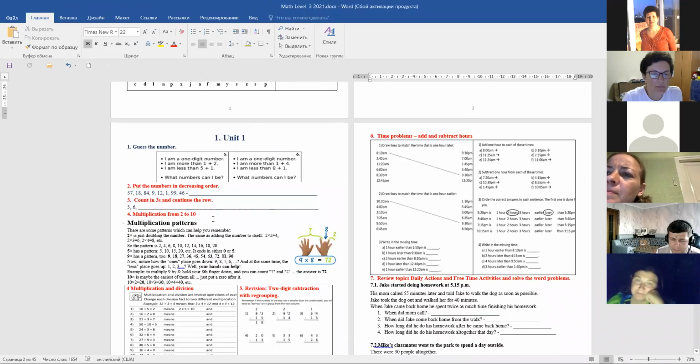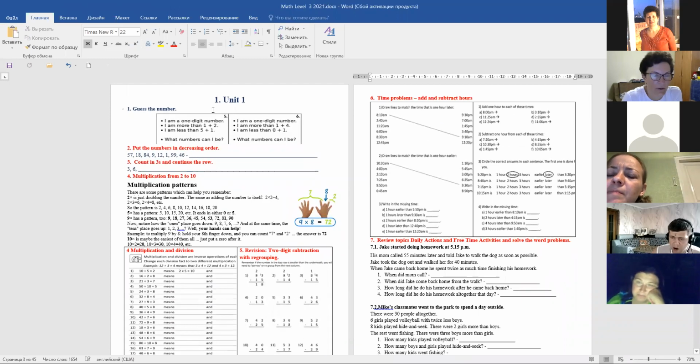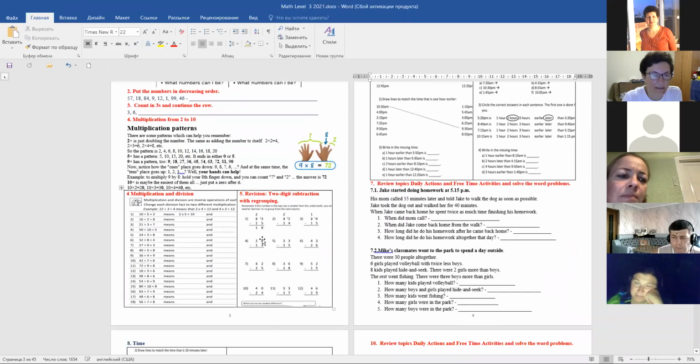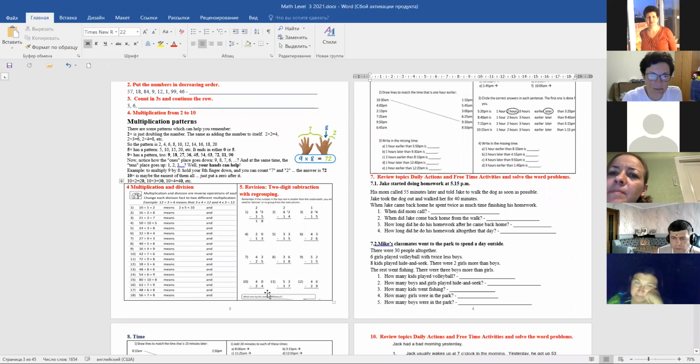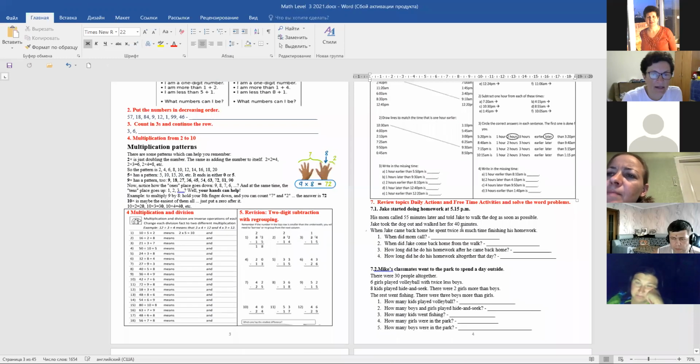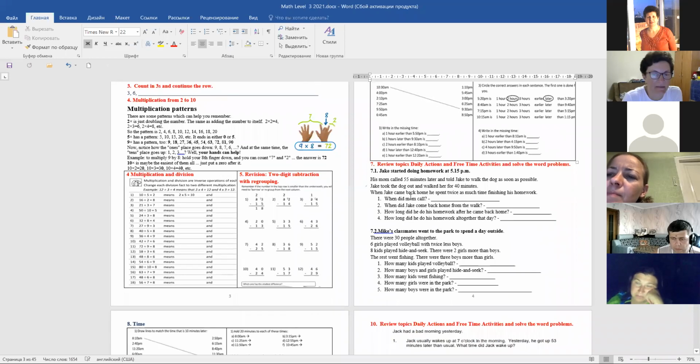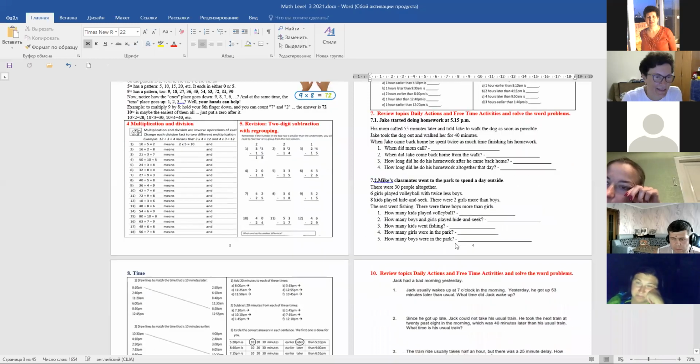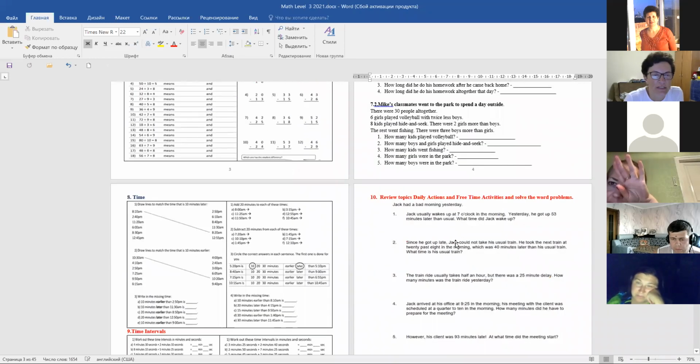The book will focus on the revision of multiplication, then time, and I made these problems myself, so maybe they are not very clever problems. You will look through and decide if they are good or not.